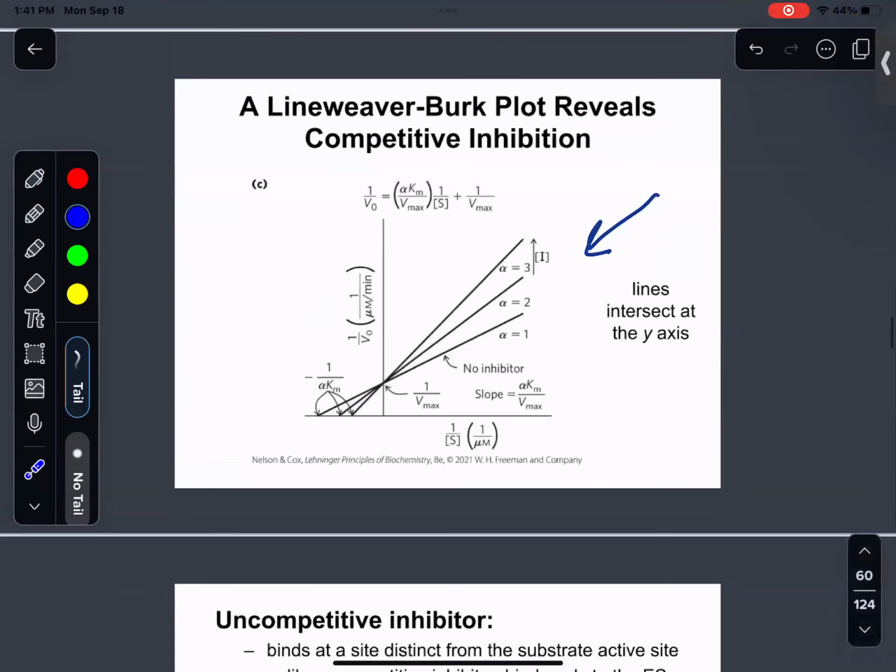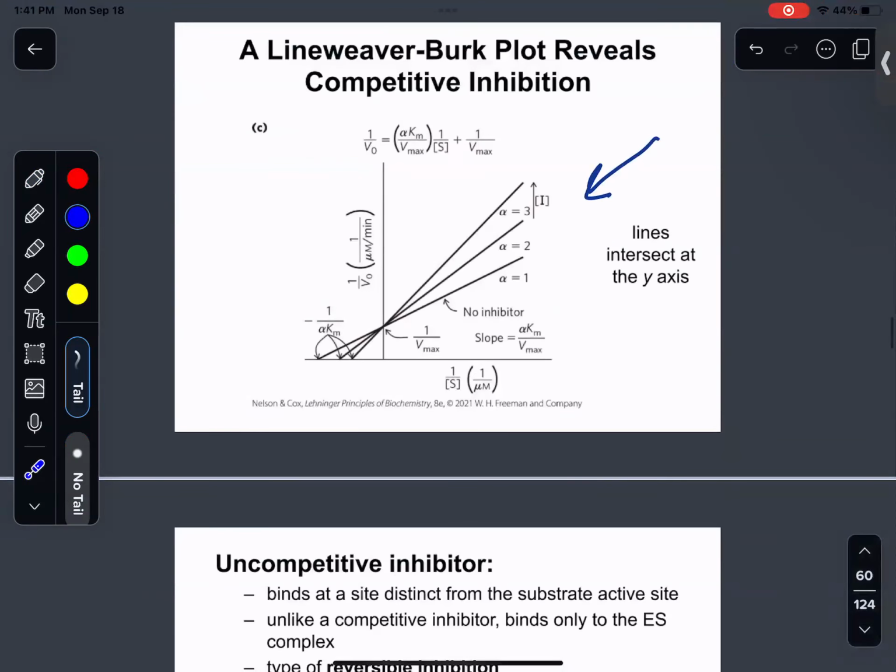Clear? Good. This is where those key landmarks I told you about come into play. Remember how we said the y-intercept is indicative of 1 over Vmax? Here's the y-intercept, that's your 1 over Vmax, and the x-intercept is going to be negative 1 over Km.